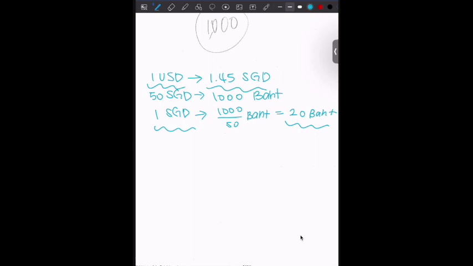And so 1.45 Singapore dollars, after calculations, is going to give us 29 baht. And we know that 1.45 Singapore dollars is 1 USD. So that translates to 1 USD can buy 29 baht.